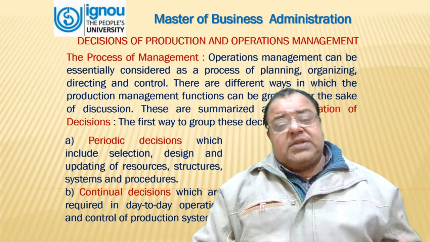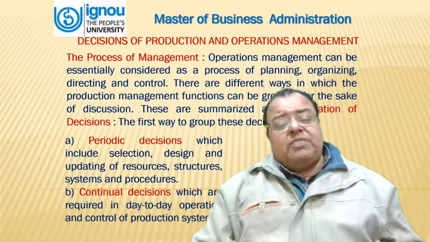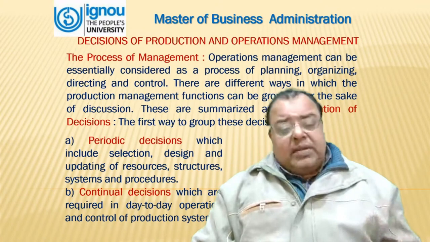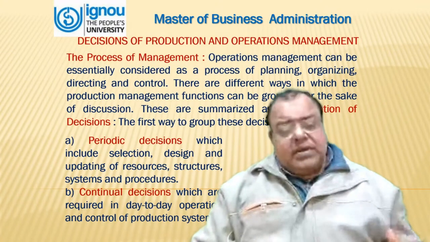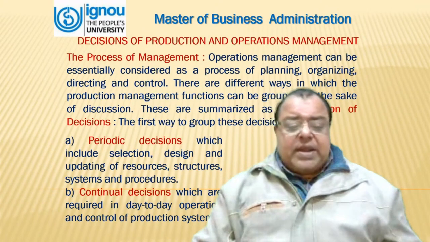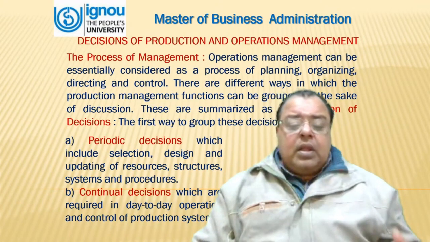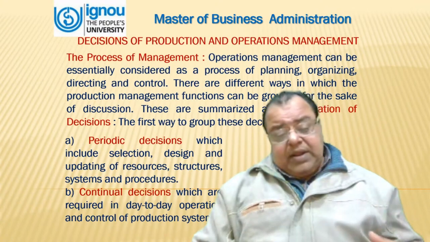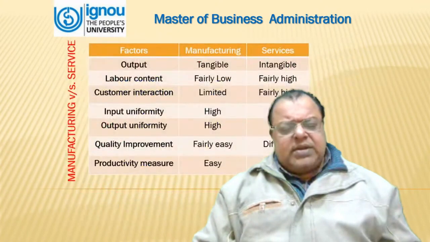These are summarized as classification of decisions. The first way to group these decisions is periodic decisions, which include selection, design, and updating of resources, structures, system, and procedures. Second one is continual decisions, which are required in day-to-day operation and control of production systems.